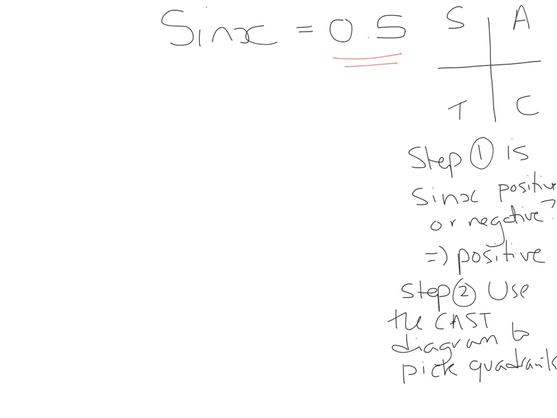So where is sine positive in our cast diagram? It's positive in the first quadrant and it's positive in the second quadrant. So we now know that our answers, our x values, are going to be in the first and second quadrants. And we already knew that by looking at the graph, but the cast diagram allows you to not have to draw the graph if you want. Okay, so that was steps 1 and 2. Step 3, I'm running out of space to put that on, so I may have to go to the next slide.